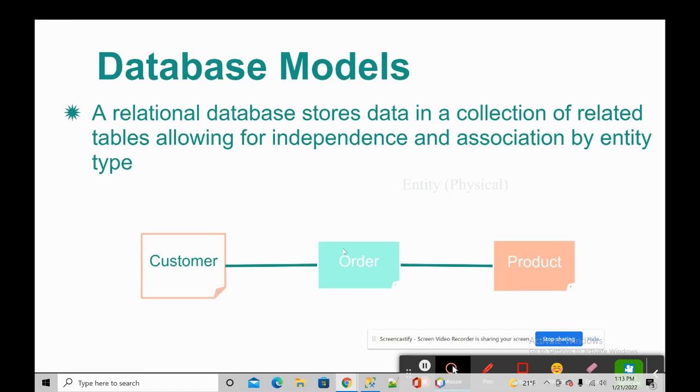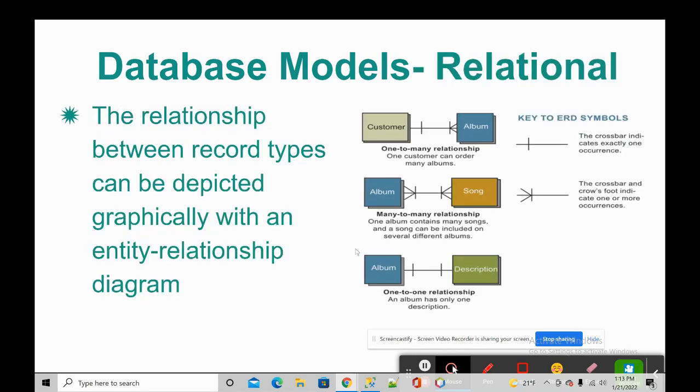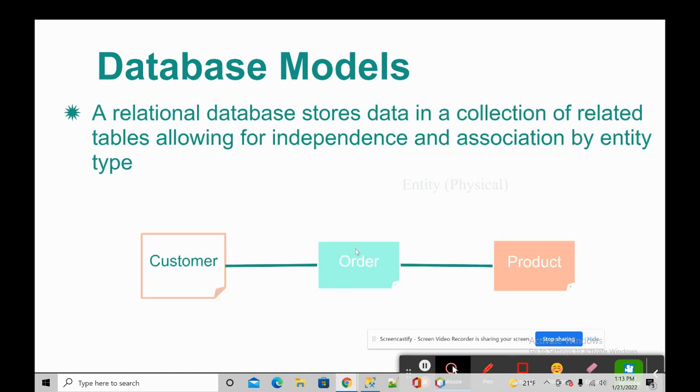Then a relational database is going to store data in related tables. We're going to be working with relational databases. So you'll have these different tables. They'll contain entity sets, and these tables will be related.